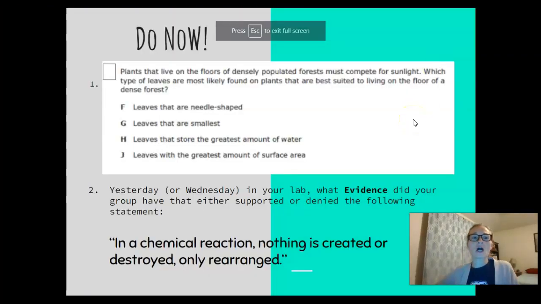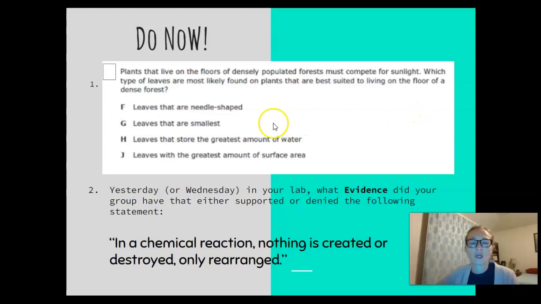First one is ecology review. Plants that live on the floors of densely populated forests must compete for sunlight. Which type of leaves are most likely found on plants that are best suited to living on the floor of a dense forest? So think about what's happening in a forest. It's dense.